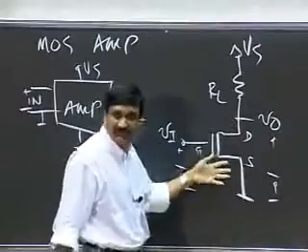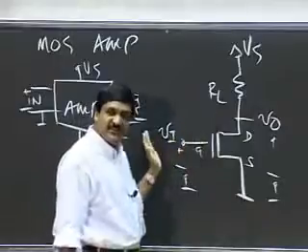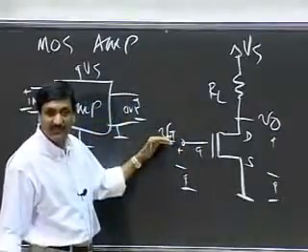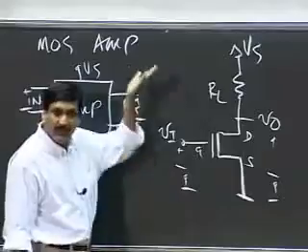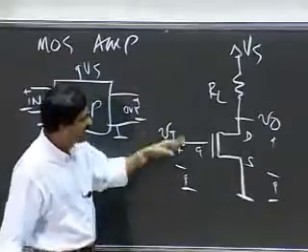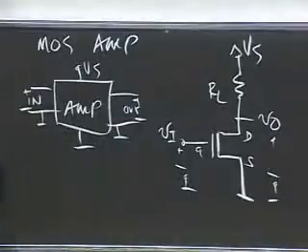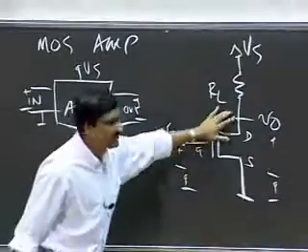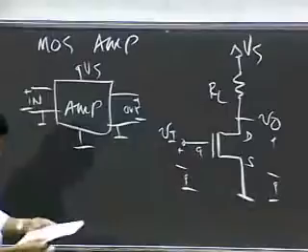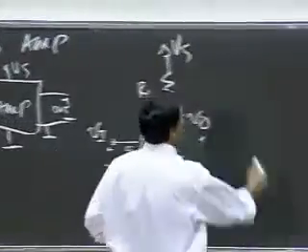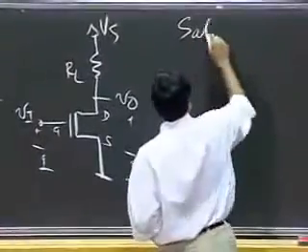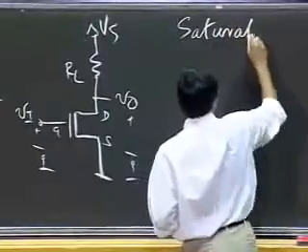It is an amplifier, and with digital designs, I was driving it with 5 volts and 0 volts, rail to rail. As an amplifier, what I'm doing now is looking at a small region of its behavior when VDS is greater than VGS minus VT. So for amplification, let's follow the saturation discipline.